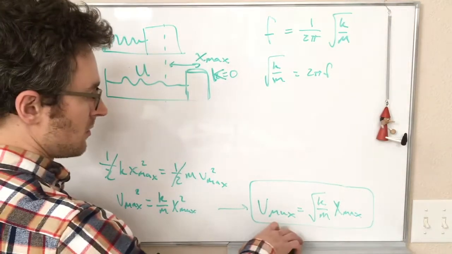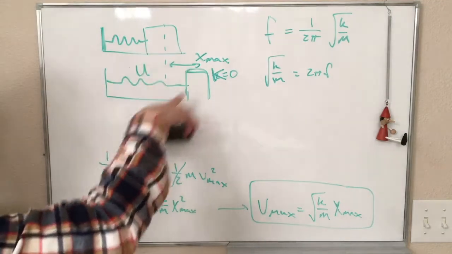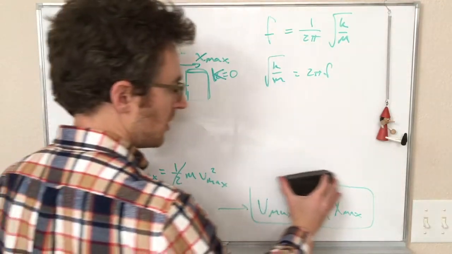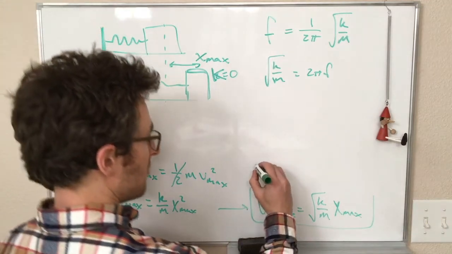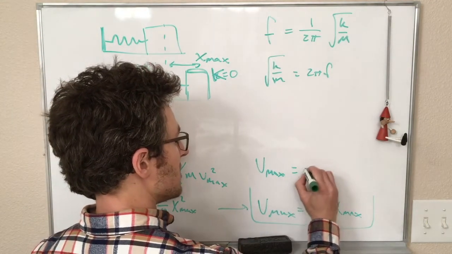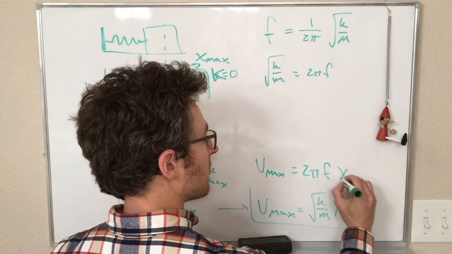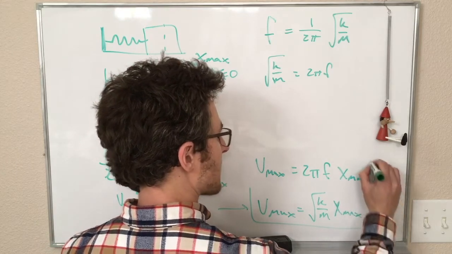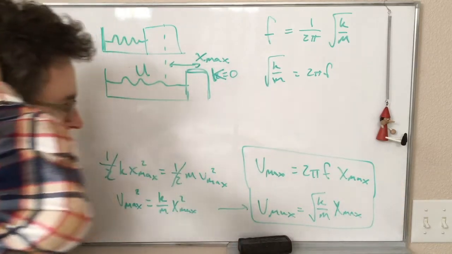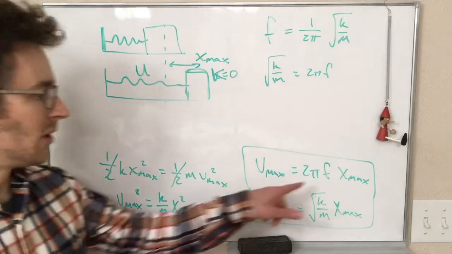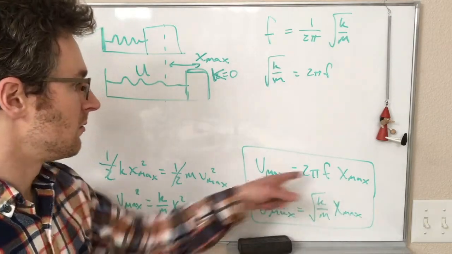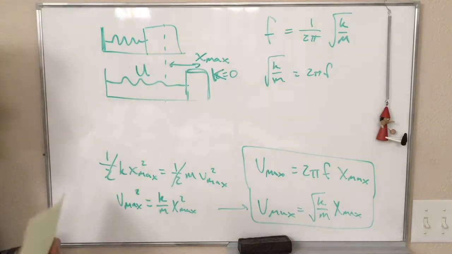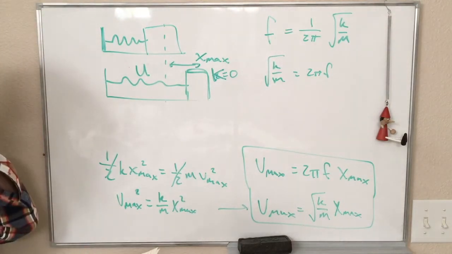And in fact, the equation we did is derived for the spring system, but it's true for any system that v max is equal to 2 pi f times x max, for any oscillating system. So depending on whether we know the frequency or whether we know the spring constant and mass, we can figure out the relationship between this maximum velocity and the maximum position.